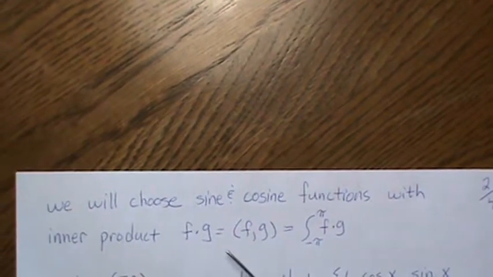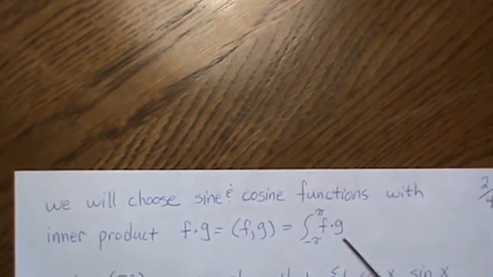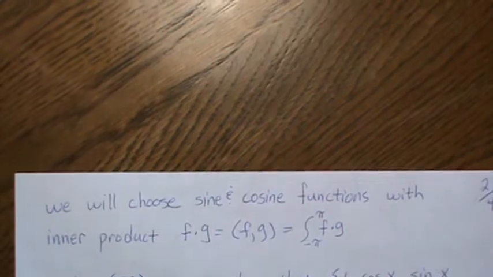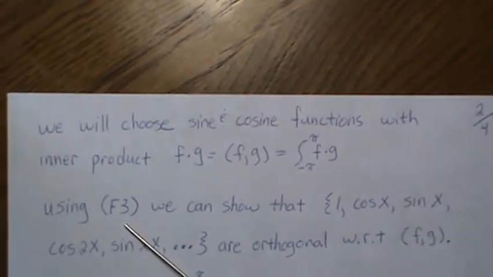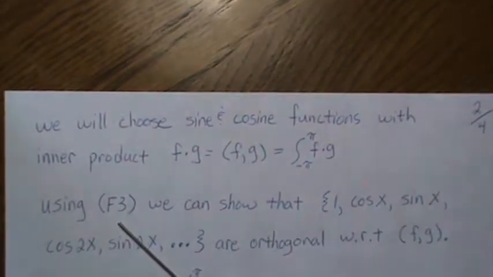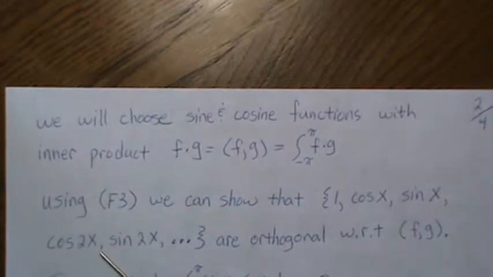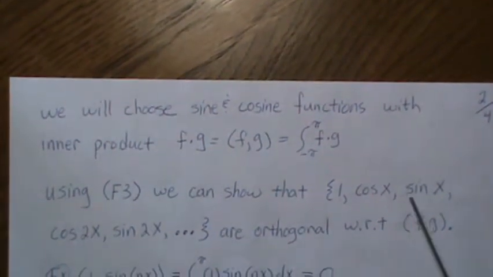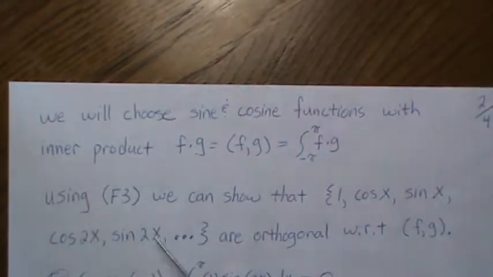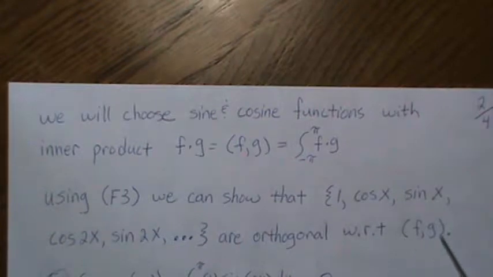We want any two functions in our basis using this inner product to be zero, so we want an orthogonal basis. Using F3, the third video in the Fourier series, we can show that these basis functions are orthogonal. The product of any two of these is zero with respect to this inner product.